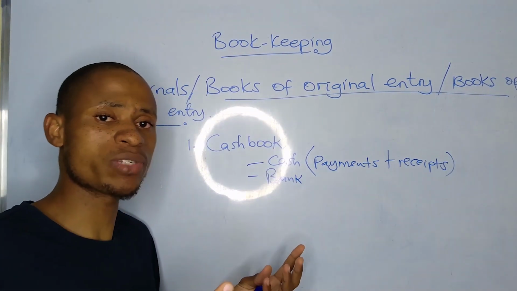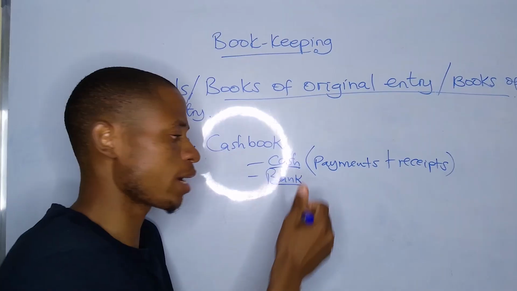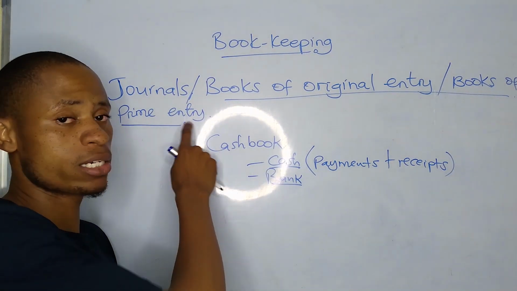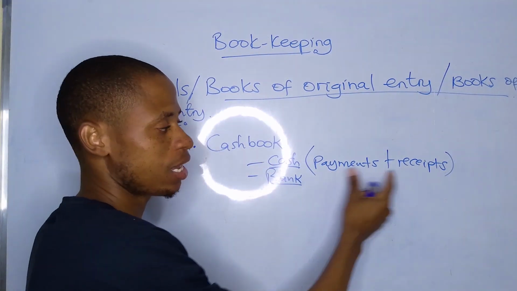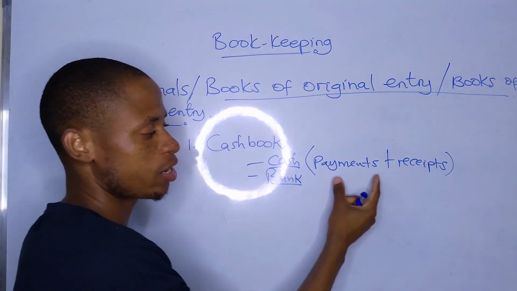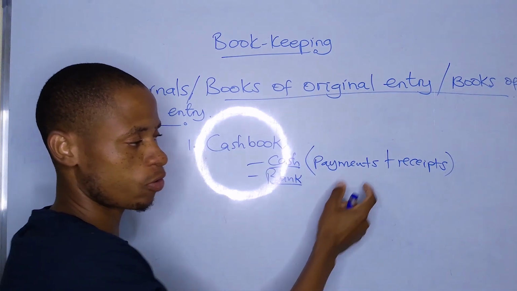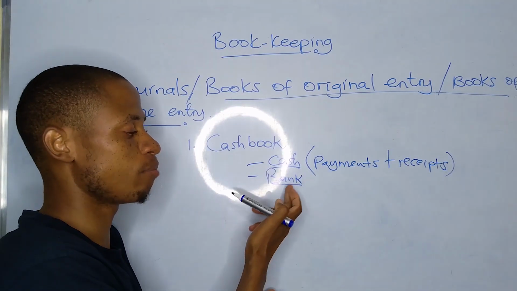All transactions made on cash between these two accounts are recorded first in the cash book, whereby we record all payments and receipts, all revenues and expenditures, all cash income and cash outflow.